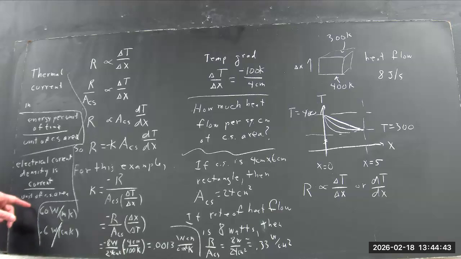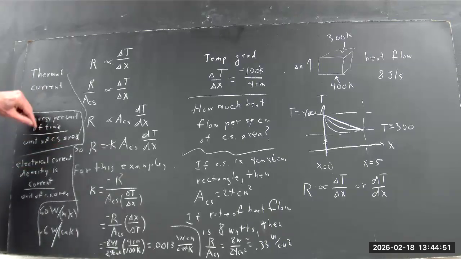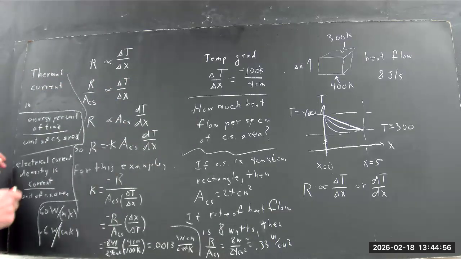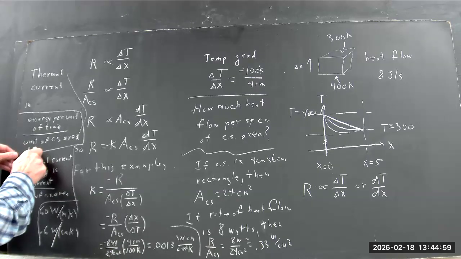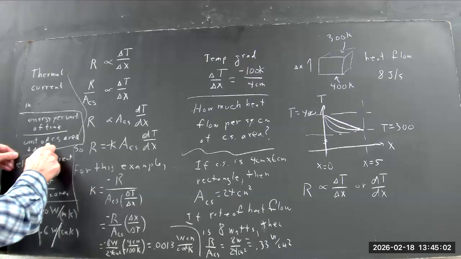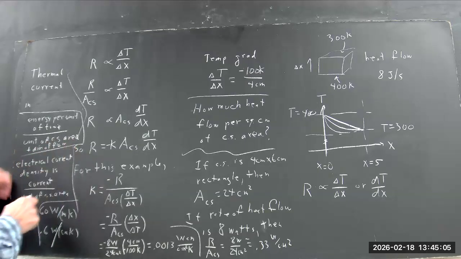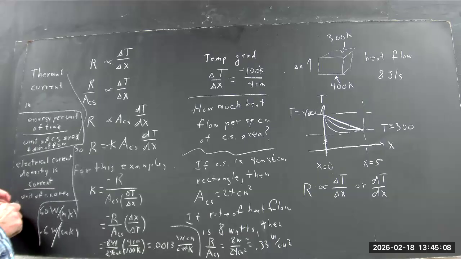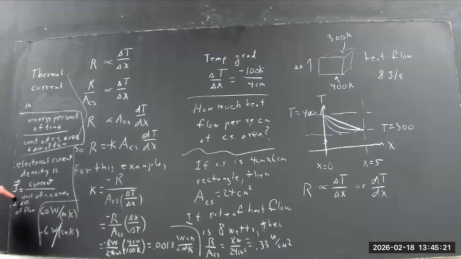A little more precisely, I don't have room to write it out, but just to get the idea in your head, it's per unit of cross-sectional area perpendicular to the direction of energy flow. Okay? So I could here say it's perpendicular to the direction of flow. And down here, perpendicular to the direction of flow. Here, we're going to call this J.